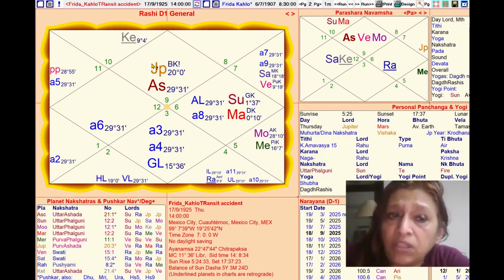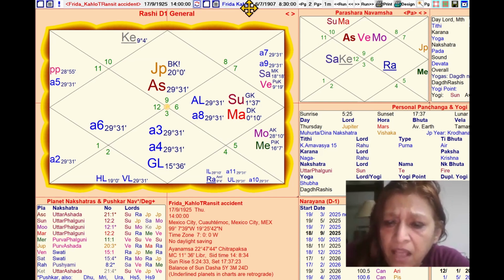Now, for the day of the accident, the moon was in Uttara Falguni. So now let's figure out from 26. Remember, our point is 26, which is Uttara Bhadrapada, where her natal Saturn is. Everybody remember that?